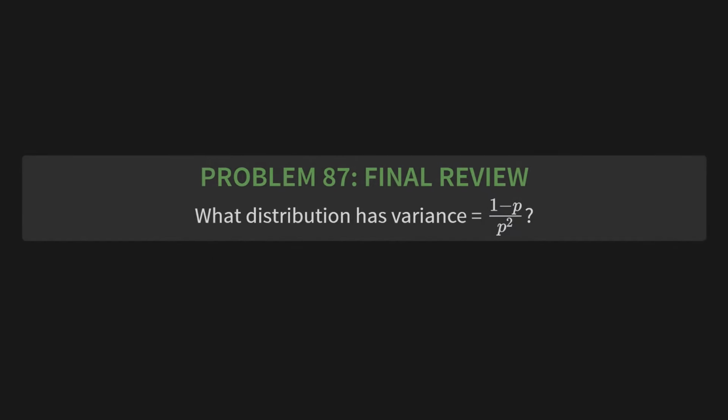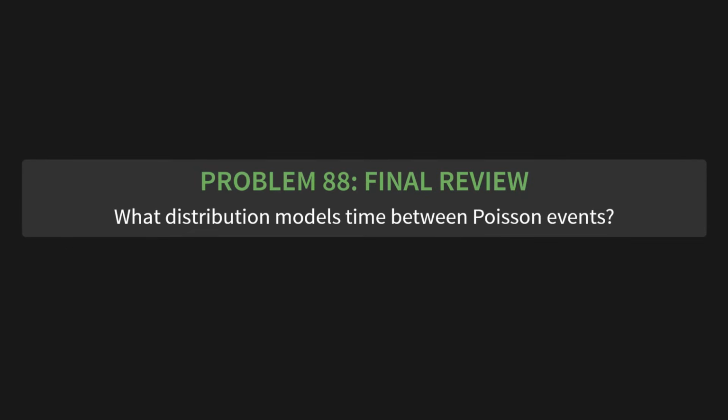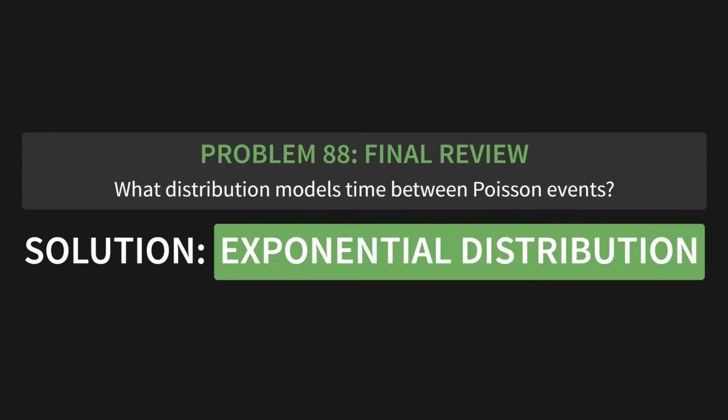What distribution has variance equals 1 minus p over p squared? Geometric distribution. What distribution models time between Poisson events? Exponential distribution.